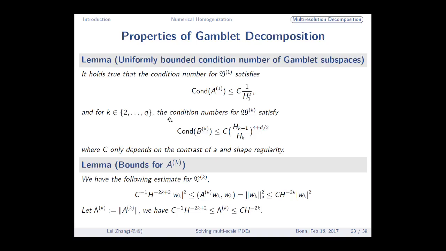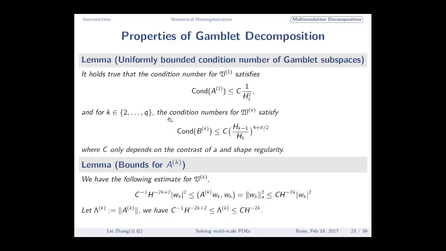And what are the properties of the Gamblet decomposition? For these Gamblet subspaces, all these spaces have a bounded condition number, controlled by this quantity. Because hk equals h to the power k, and h is just 1/2, all these are uniformly bounded, and this bound only depends on A, not on the oscillation.